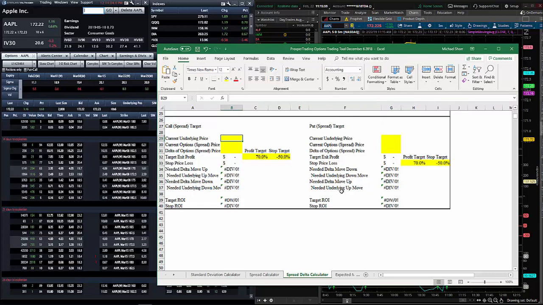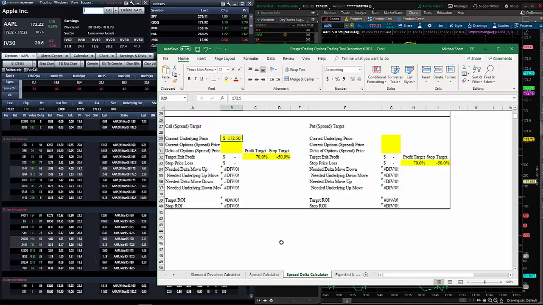So when we got in, we were a little bit higher. Let's just say 172.50 was about where we got in. We're a little bit lower than that right now. This is part of the options trading tool, and I believe it's the third tab over. It's called the spread delta calculator.